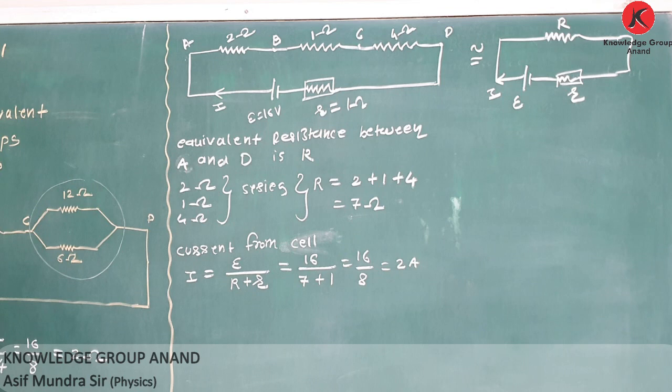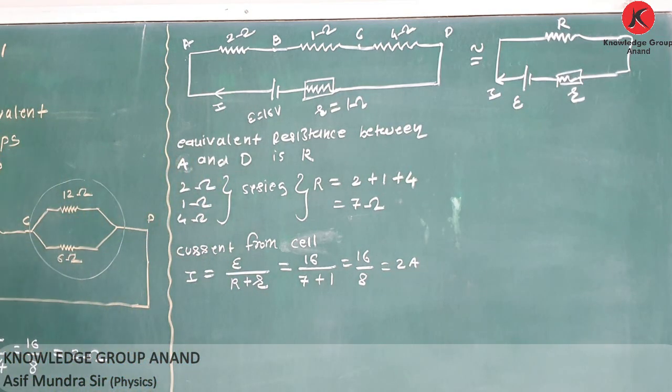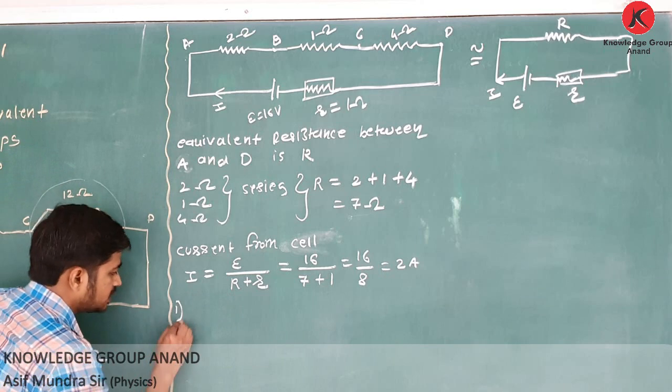Now we have to find potential differences VAB, VBC and VCD, and also the current through each. First of all, we will find the potential difference across each resistor.